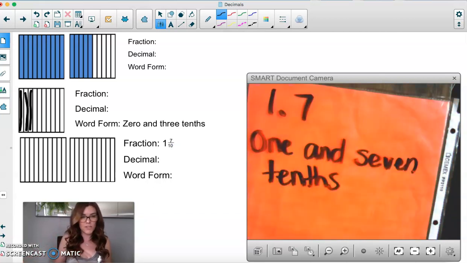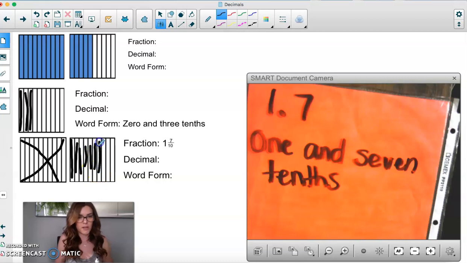And then I'm going to go in and color. I have one whole, so I'm just going to go like this, so it's nice and quick. It's hard to draw here on the computer. 1 and 1, 2, 3, 4, 5, 6, 7. Now if I was doing this on paper, I would color it nicely. But now I have 1 and 7/10 colored in.